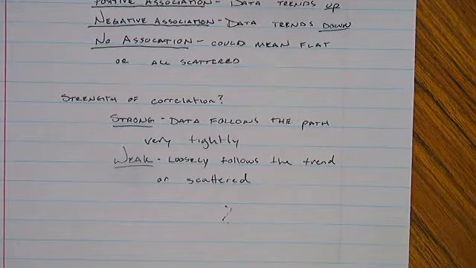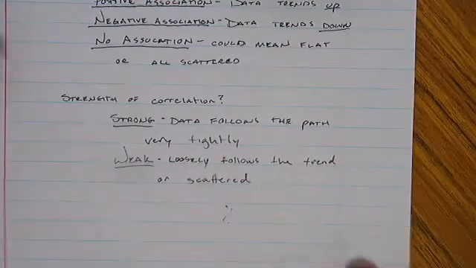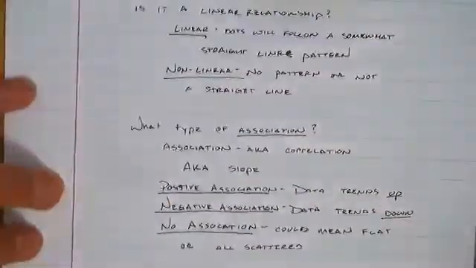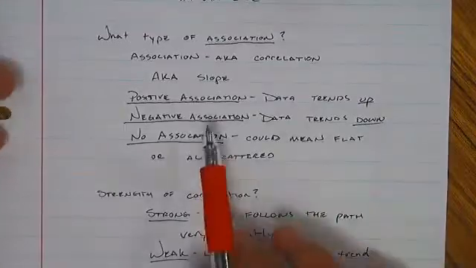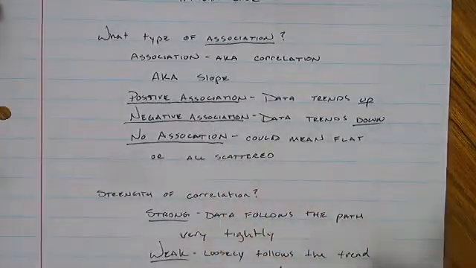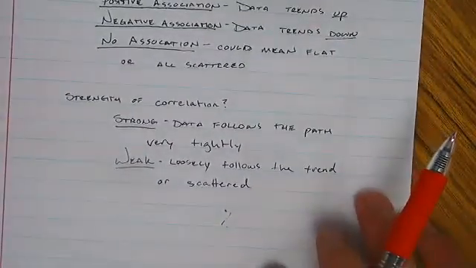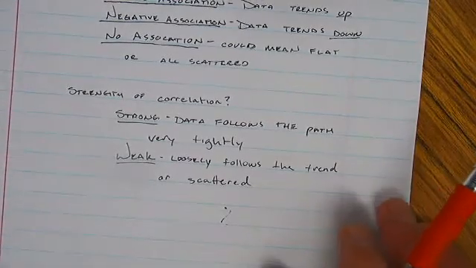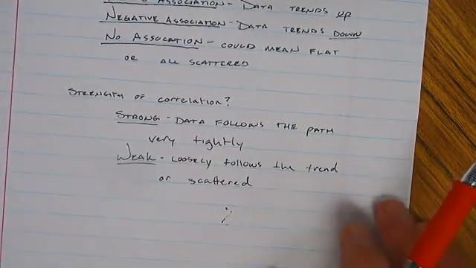It's not weak at all, it's just no strength. But that's the verbiage we're looking for today. So linear versus nonlinear. Then we have a positive, negative, or no. And then we have a strong versus weak. So that's going to be our terminology for today that we want to use.